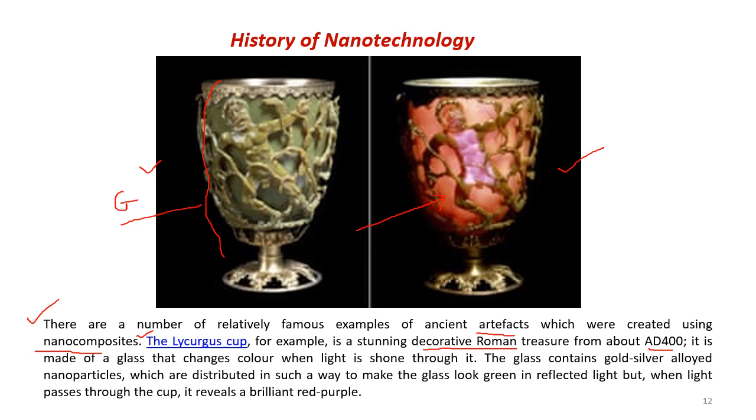This means the people were aware of the distribution of these gold and silver alloyed particles and how they can be used for making these artifacts. They had that knowledge also.